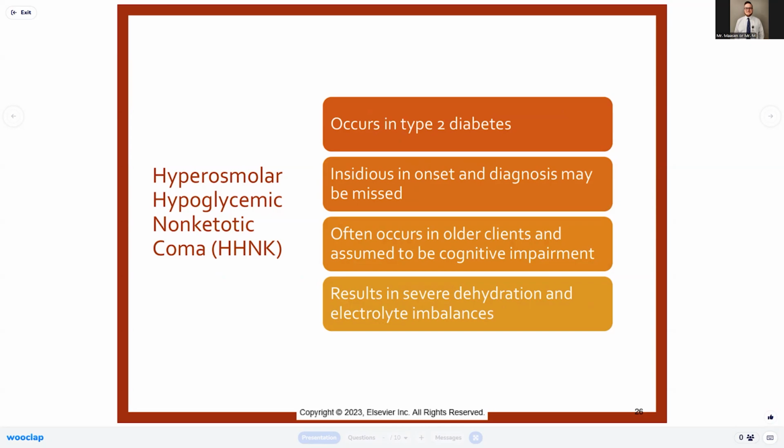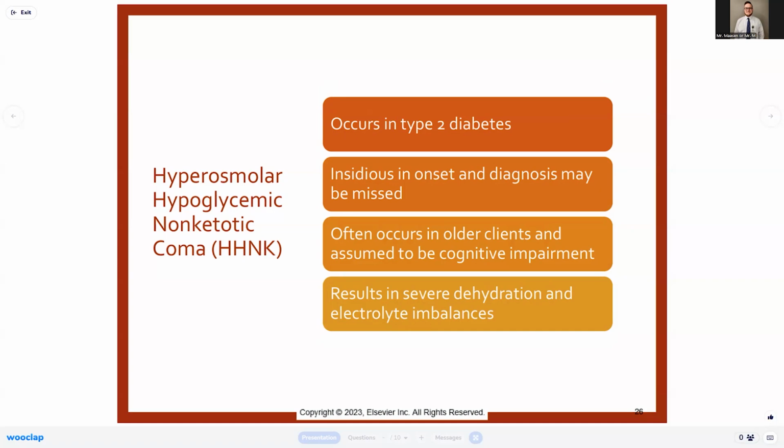You need to know the difference between DKA and HHNK. DKA is more prone in type 1, with a high sugar but not too high, and all the 3 P signs: polyuria, polydipsia, polyphagia, some dehydration, a decent amount of fluid loss, but also the metabolic acidosis symptoms: the fruity breath, the Kussmaul respirations, the pH that shows metabolic acidosis.